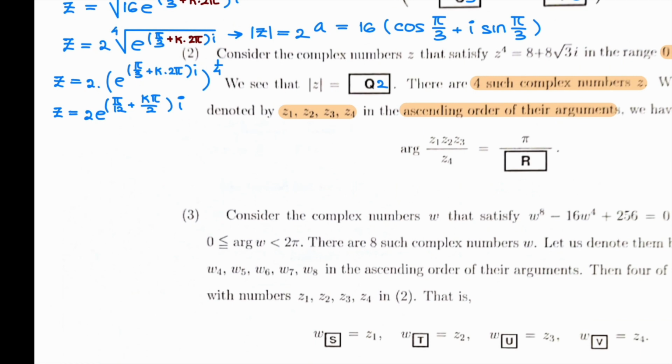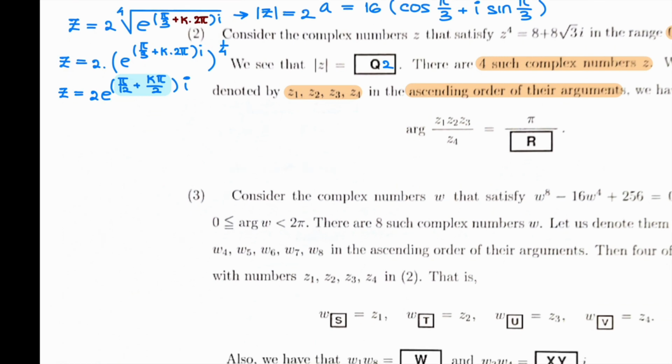This is the general form of z. Remember, the argument is this one. This is the argument of z in the general form. To find all the arguments of z, which are the arguments of z1, z2, z3, and z4, we just substitute k by using a whole number.